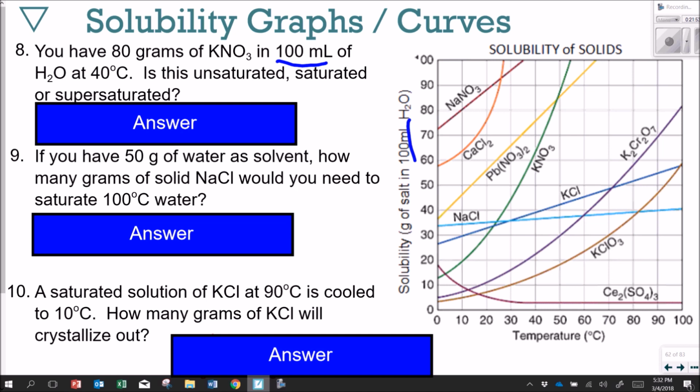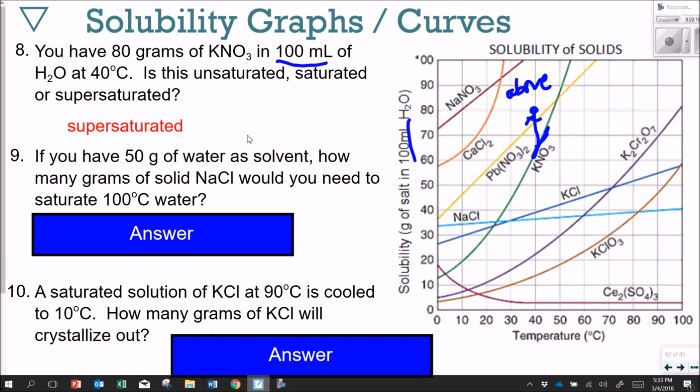So I go to 40 degrees Celsius and 80 grams, and I plot that point. Then I look at my potassium nitrate curve. It's over here. So that point is above the curve. So we are supersaturated.